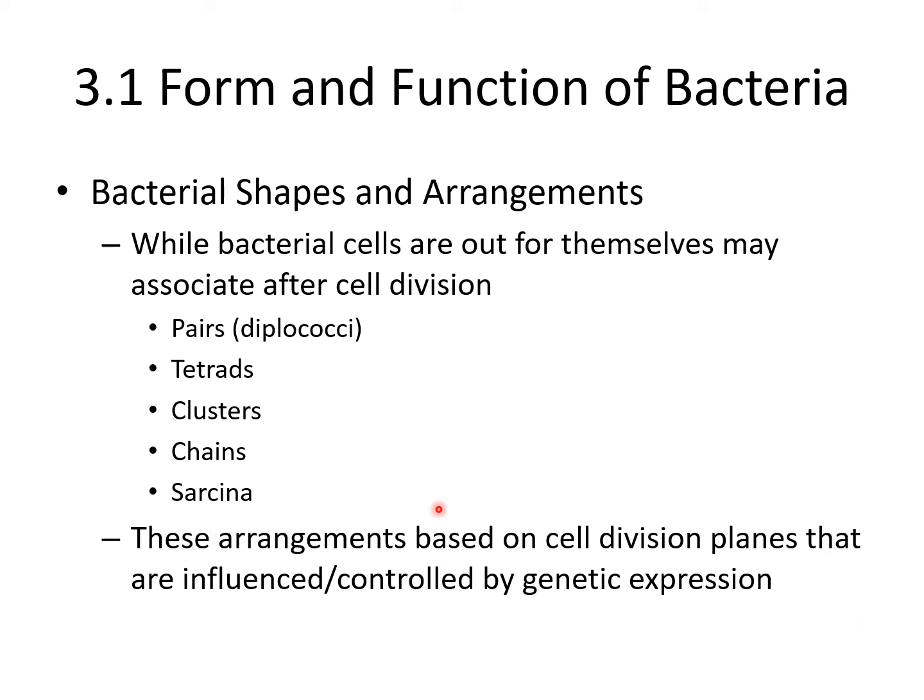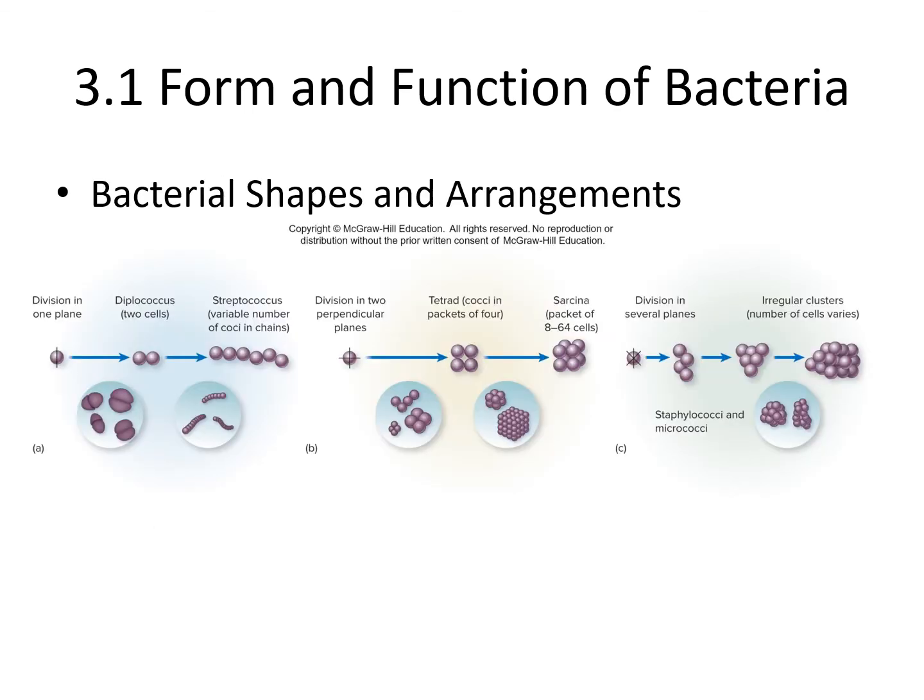All of this is based on the division of the cell. Bacterial cells divide. One splits, becomes two. How they divide is determined by the accumulation of proteins which are under the direction of genes.